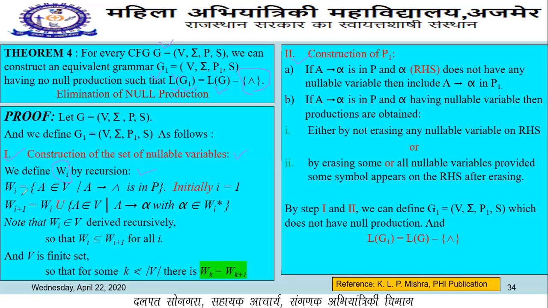So very first, initially, W1 is constructed, in which we include those variables which directly derive null in the set of productions P of a grammar G. Like if a null production B tends to null is available in a context-free grammar G, then we include this B in this W1, and the value of i is 1 initially.